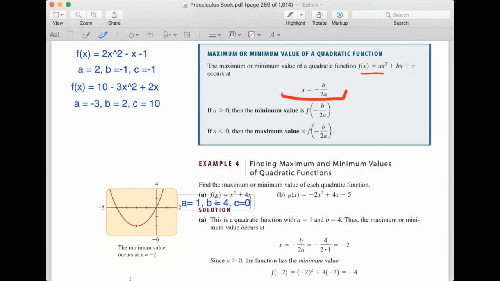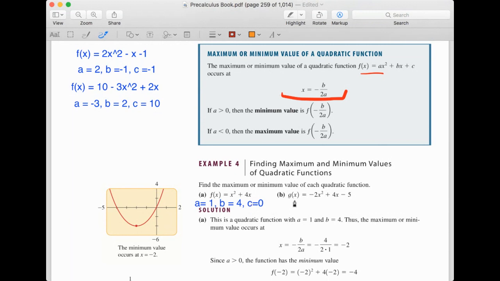There's no number there. That means it's 0. So a equals 1 because the number before x squared is 1 by default. B is 4 because the number before x is 4. C is 0 because there's no number by itself. So that means c equals 0.